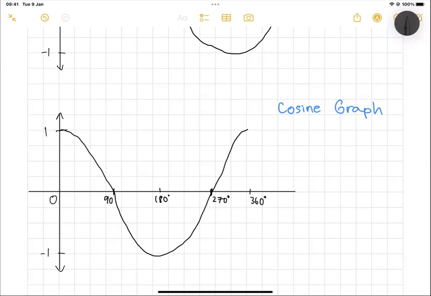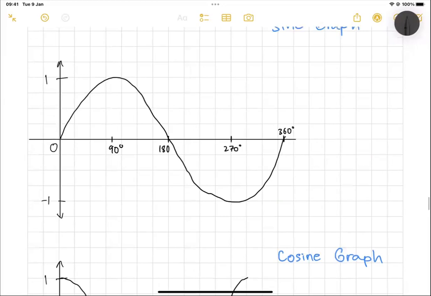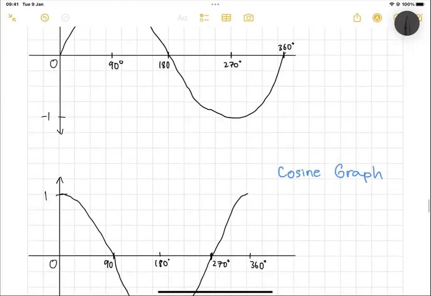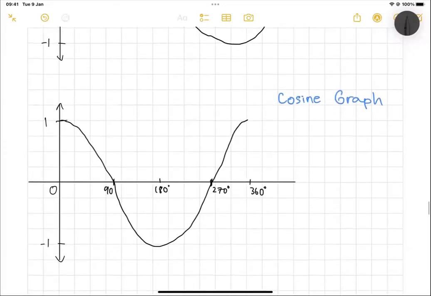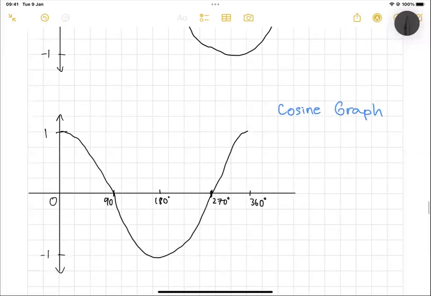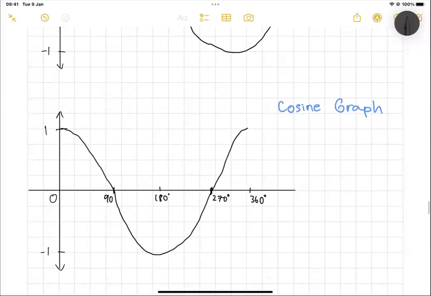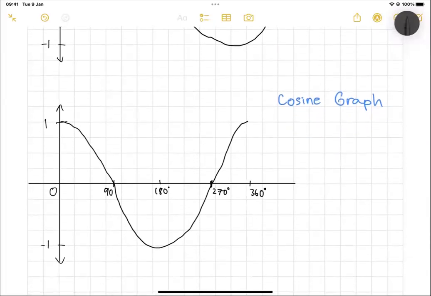Okay, this is what the cosine graph looks like. Kind of similar to my sine graph, just a little bit different on where it starts. This is one full revolution for my cosine and sine graph. It starts off at 0 degrees and ends at 360. That's just what one rotation looks like.